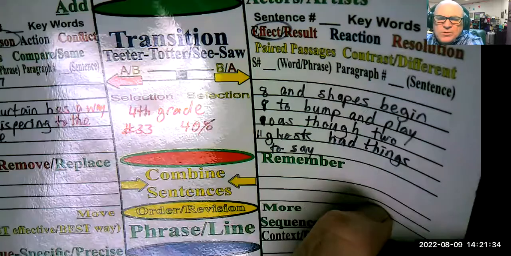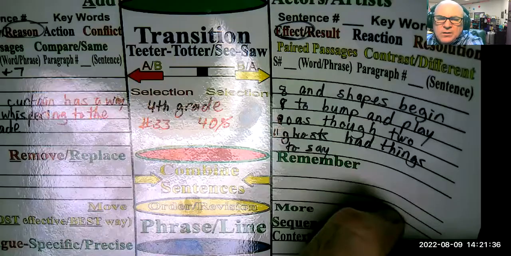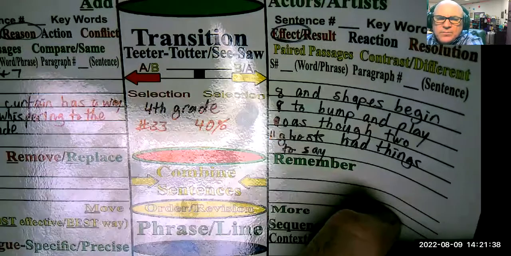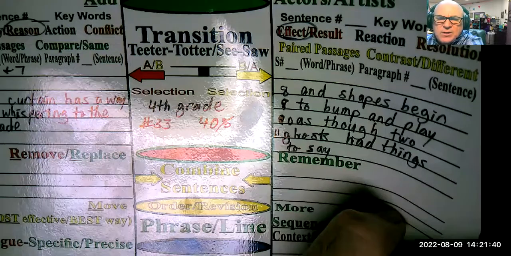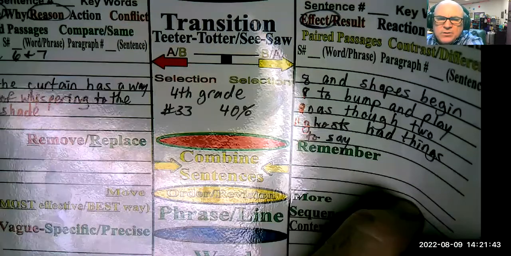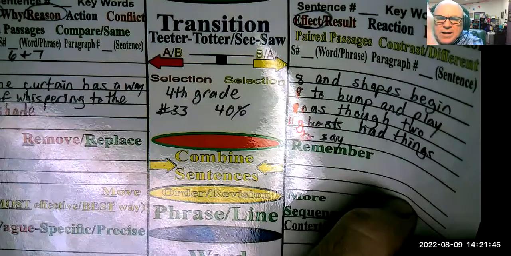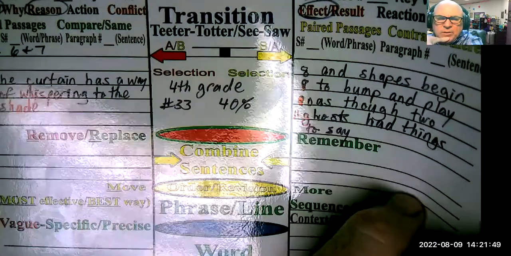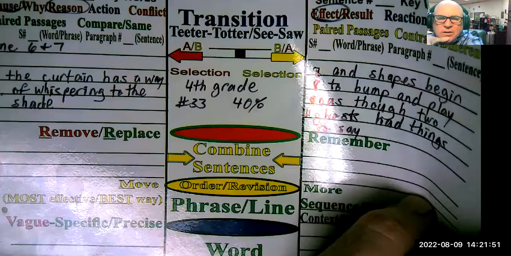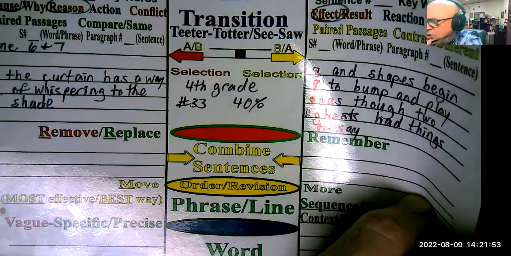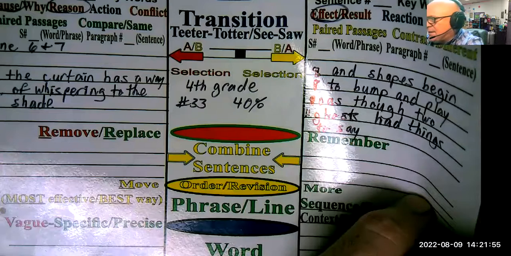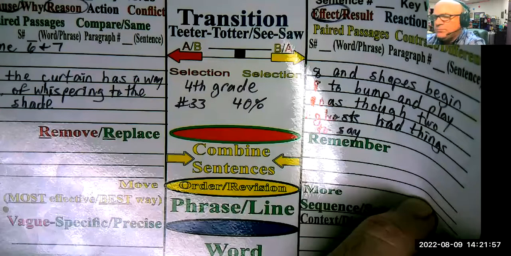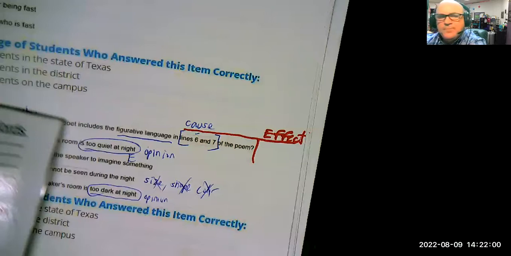So as you can see here, the author is imagining that that happened because it's a reaction to the appearance of the curtain having a quiet conversation with the shade. So let's take a look at the stanza.